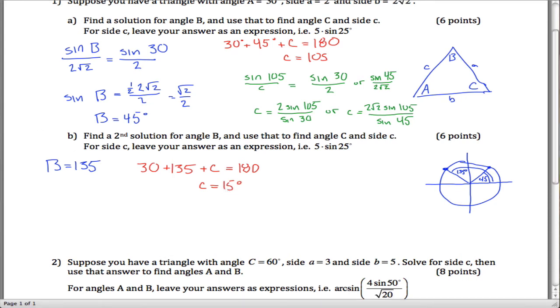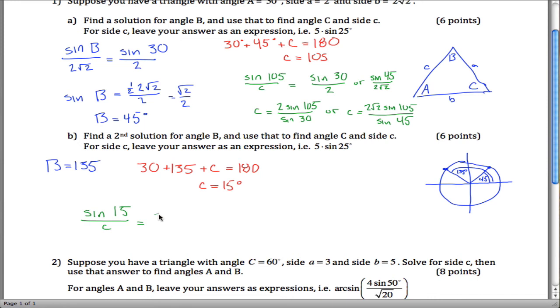And then if you know those, we can figure out side C by saying that the sine of, let's see, I guess C is 15. So the sine of 15 divided by side C, tongue twister, is equal to, and then you can use either of these identities just like we did before.